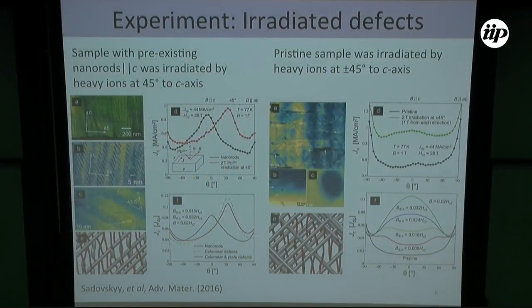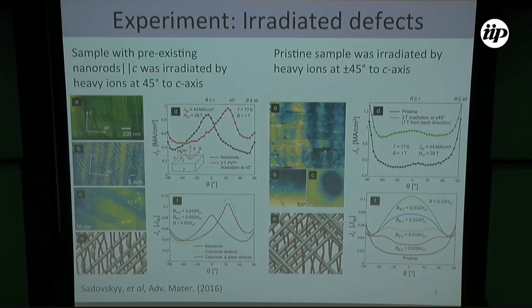The next experiment also consists of a YBCO superconductor. The first part is a YBCO superconductor with pre-existing nanorods along the C-axis. This superconductor was irradiated by heavy ions at a 45 degree angle to the C-axis, and we can reproduce the experimental angular dependence of the critical current.